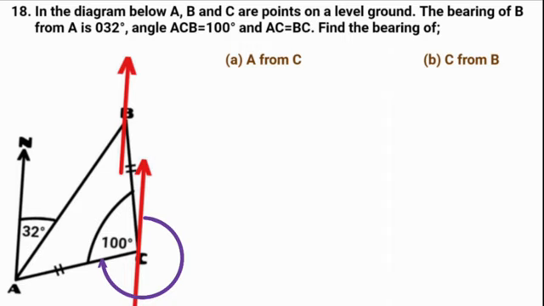This angle here, from B to the north line at C, is angle BCN. That angle we don't know, so it will be very difficult for us to find the bearing of A from C.